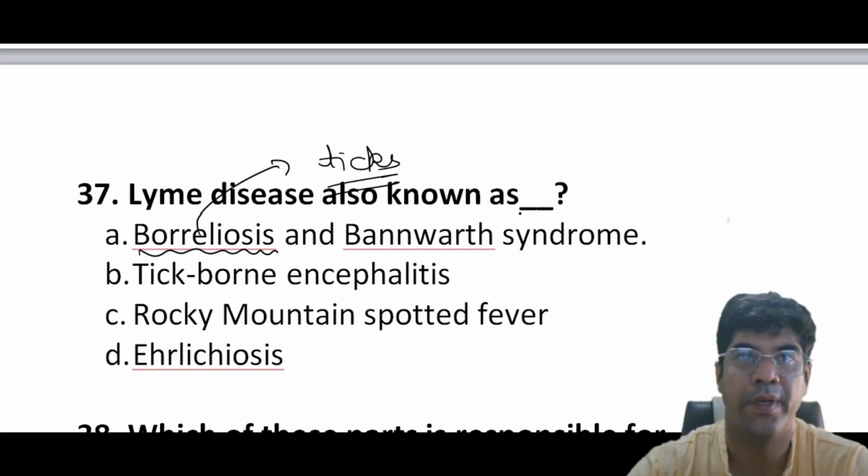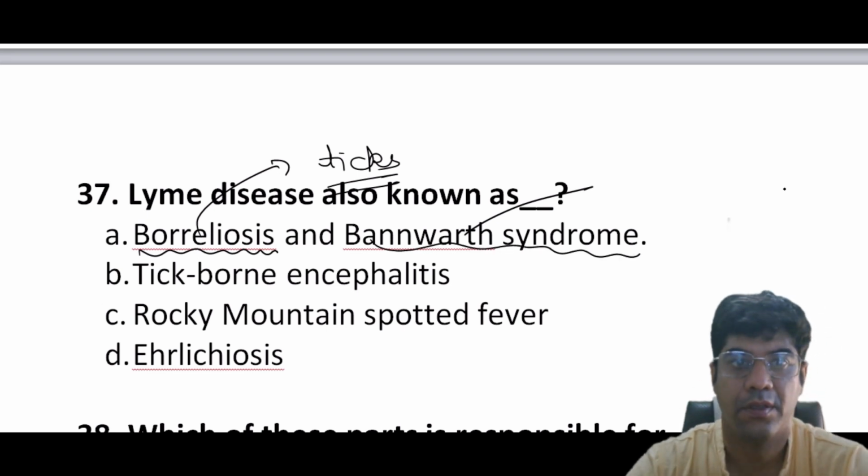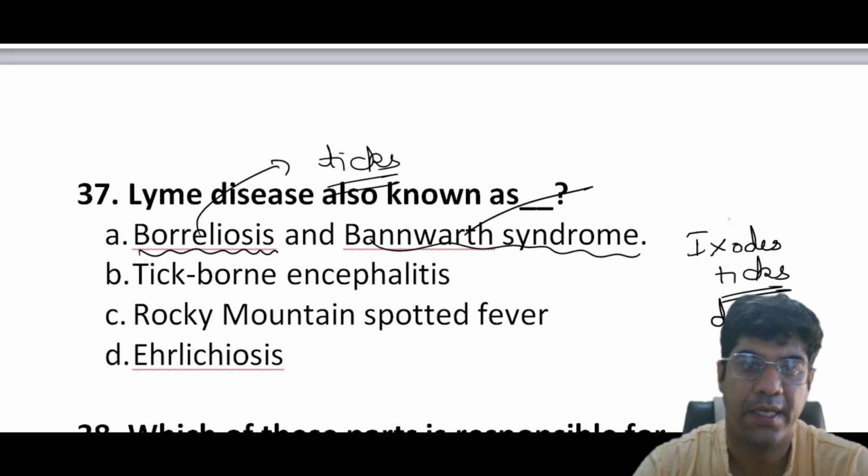It is also known as Van-Wart syndrome. So Lyme disease, the causative agent is Borrelia. It is transmitted through the bites of Ixodes ticks, commonly known as deer ticks.